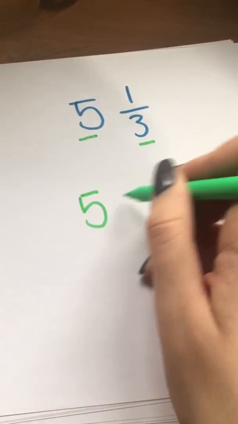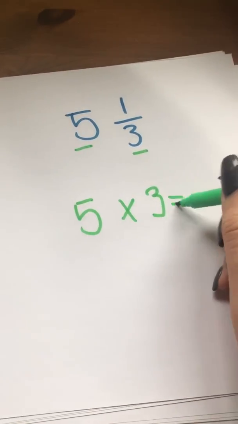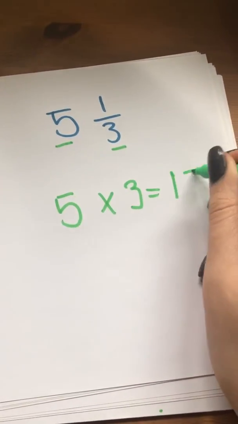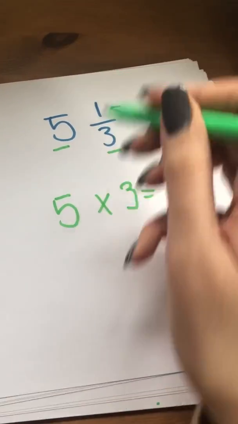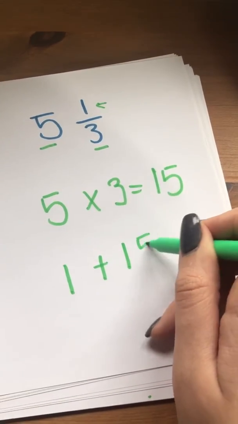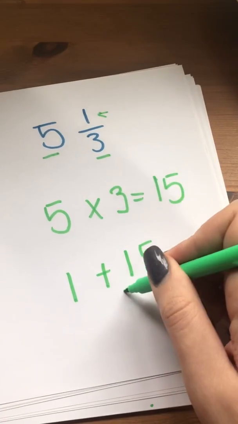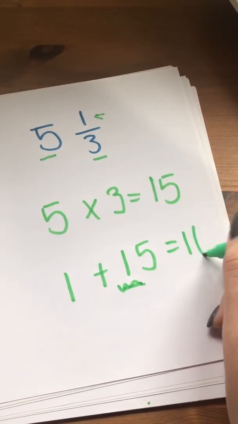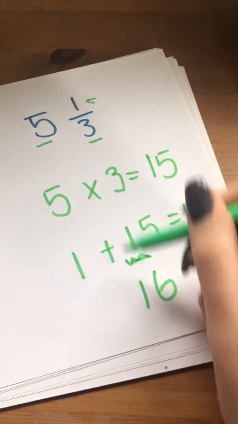So I end up with 5 multiplied by 3, and then it gives me 15. And then I add my numerator, which is 1, to that answer. And I always put the answer back over the original denominator, 16.